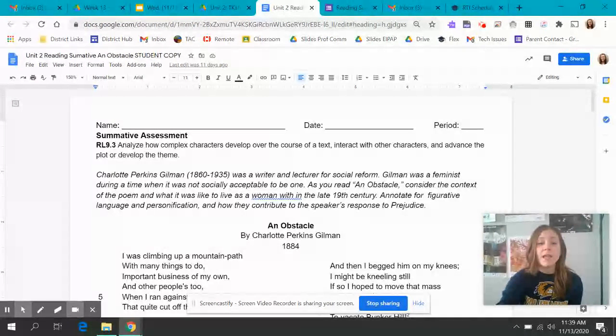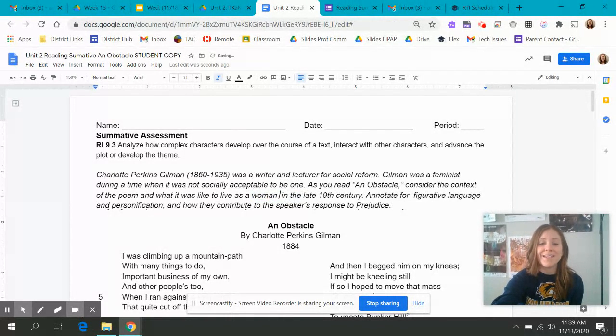Annotate for figurative language and personification and how they contribute to the speaker's response to prejudice. There's a little typo here that I'm going to fix before you see it. Here we go. So one thing that you should notice in this background information is that the word prejudice here is capitalized, and that tells us a couple of things.